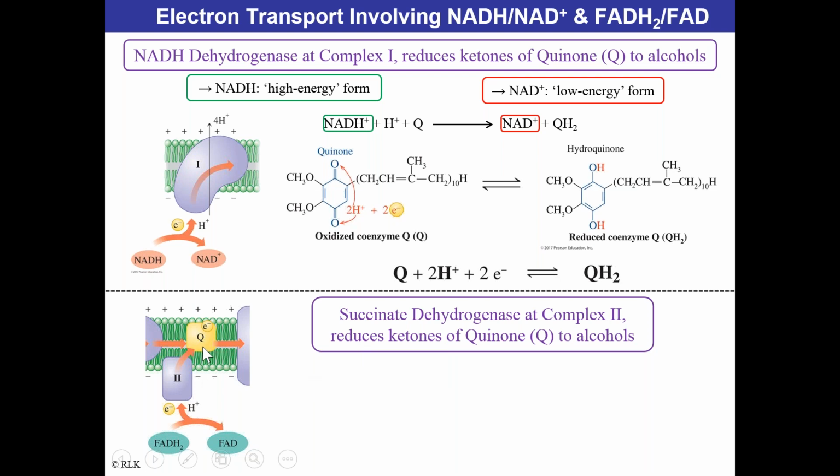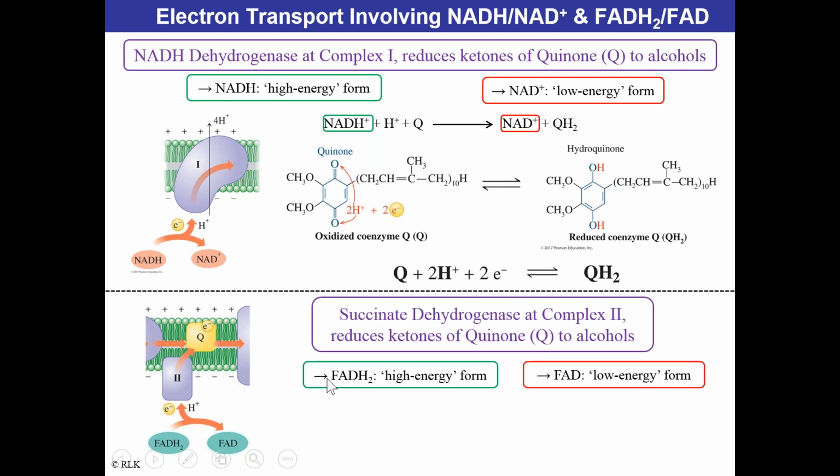Here you have Q, shown within this lipid bilayer, right? You have this different type of complex 2. It's way different than complex 1, but it's helpful in showing that, for this particular case, you're reducing ketones. I mean, that is the main thing here. FADH2 is presented, and it's able to interact and reduce this quinone.